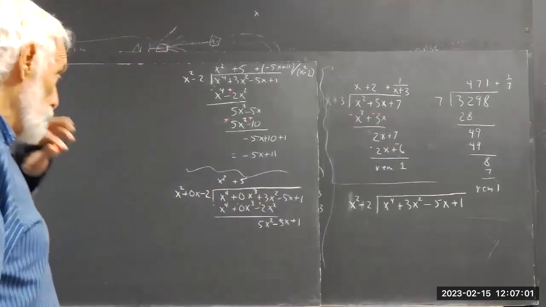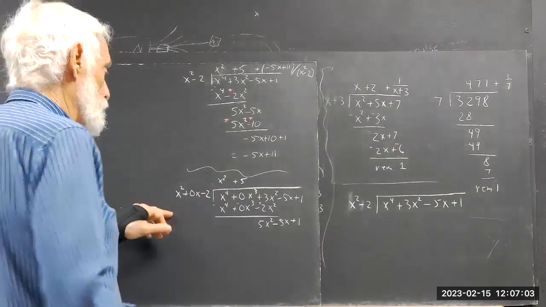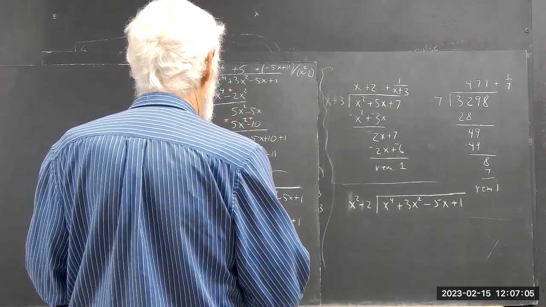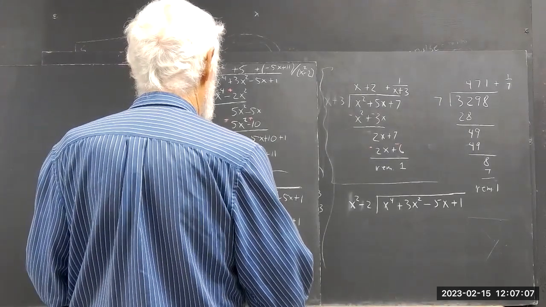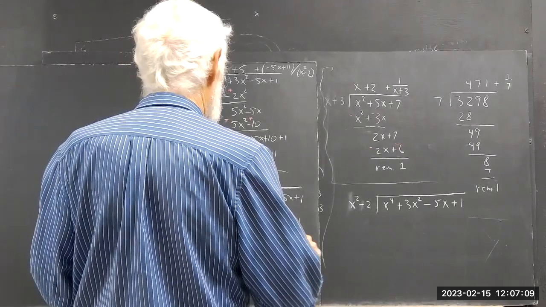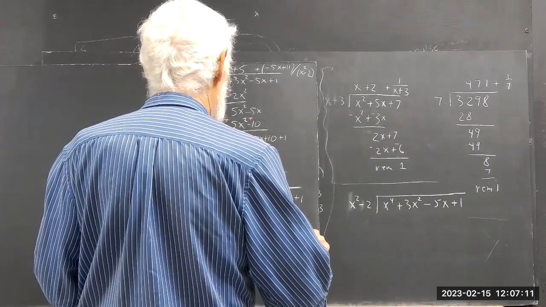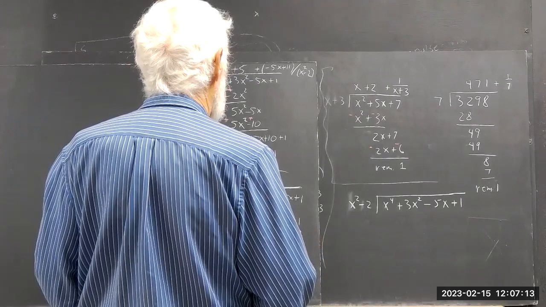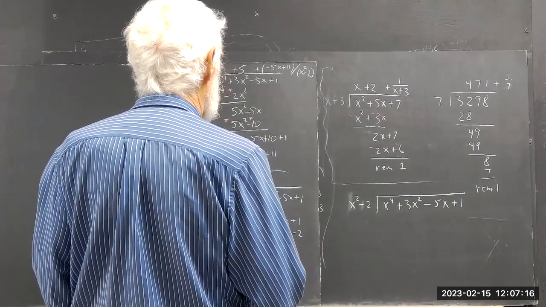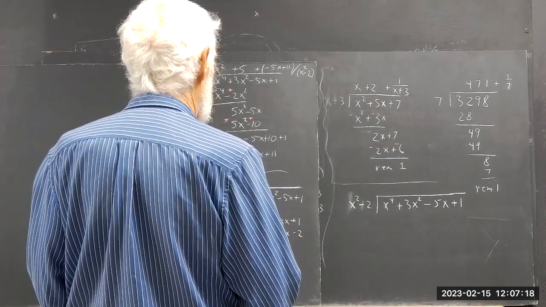Okay, we've got x squared plus 5. And that's going to give us 5x squared plus 0x minus 2 minus 10.